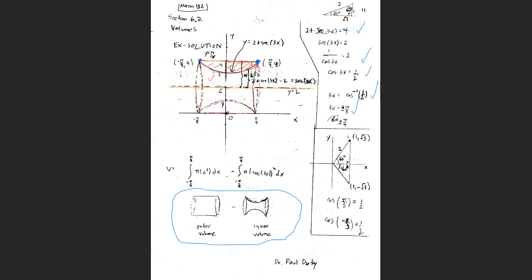If I just draw an x and y axis, the cosine is equal to a half in quadrant 1 and quadrant 4. So there are two angles here, pi over 3 and negative pi over 3, whose cosine equals a half.